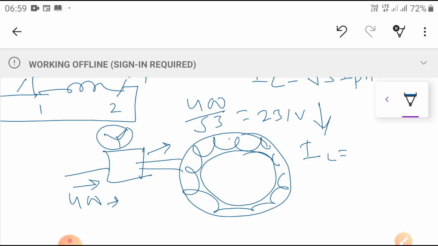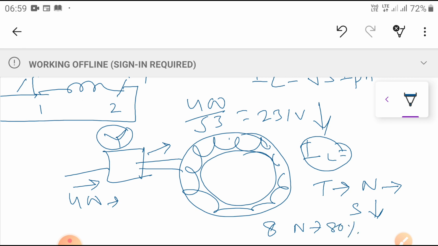Due to the reduced current, it will produce torque, and the torque is enough to increase the speed of the rotor. If the rotor increases its speed, the slip S value decreases, which is required. After a few seconds it reaches nearly its rated speed N, about 80%. Then we have to convert from star to delta, manually or automatically.